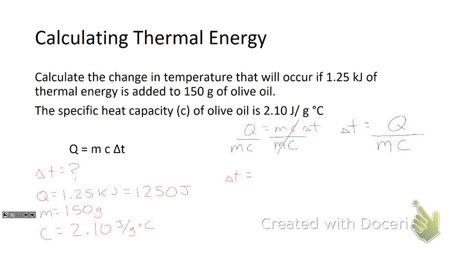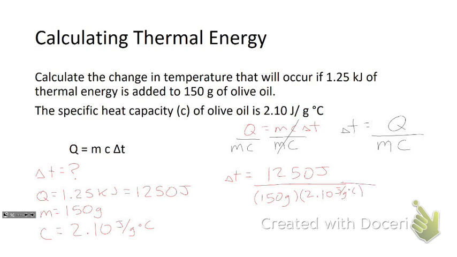Okay, so now that we have our units proper, right? We have joules and grams and grams. Okay, we're all good. So now we can put that in. So delta T is equal to Q divided by MC. So Q is 1,250 joules divided by our mass, which is 150 grams, and multiplied by our C, which is 2.10 joules per gram degree Celsius.